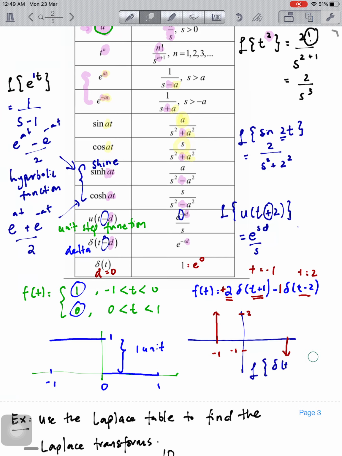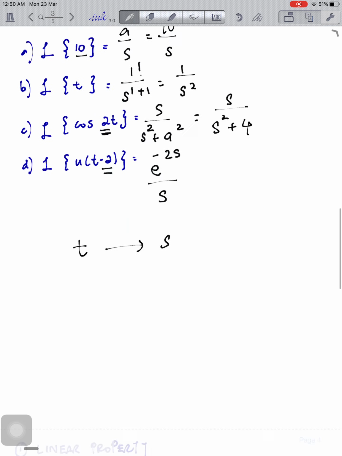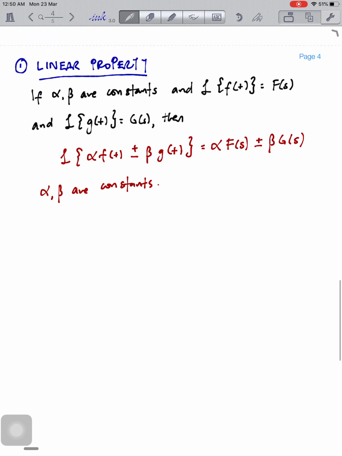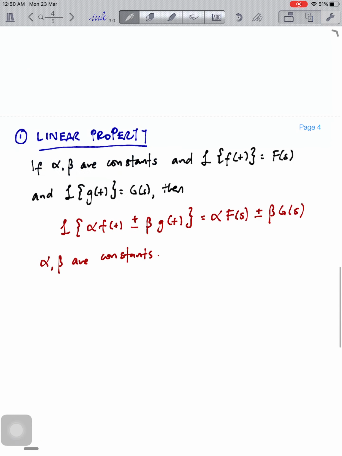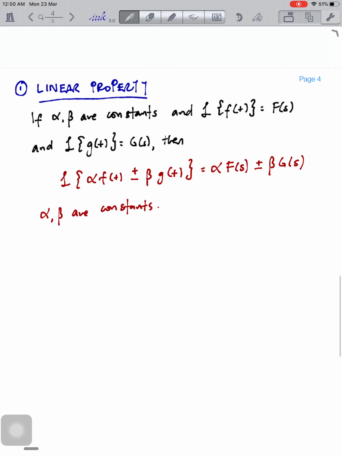That is not right, so let me write it again. If I have Laplace of delta t plus d, that is going to equal exponential to the power of positive sd. When this is positive, this is going to be positive as well. Okay, so that is how you use the table. So next we're going to have to look at linear properties.